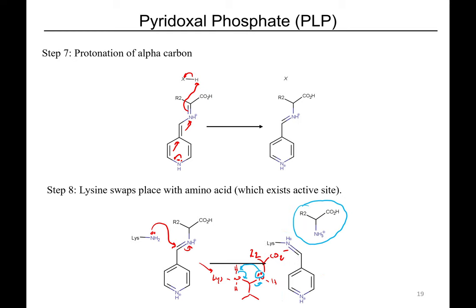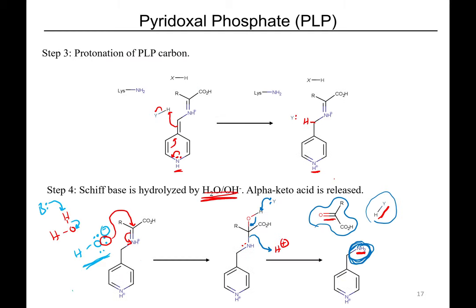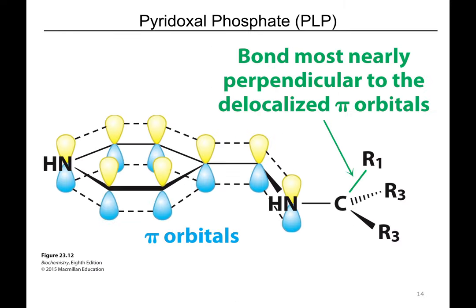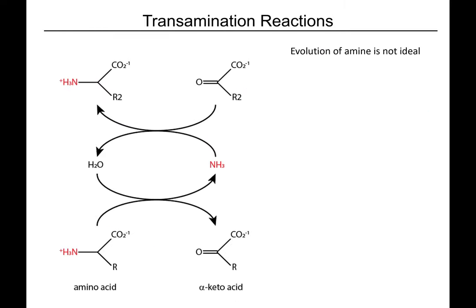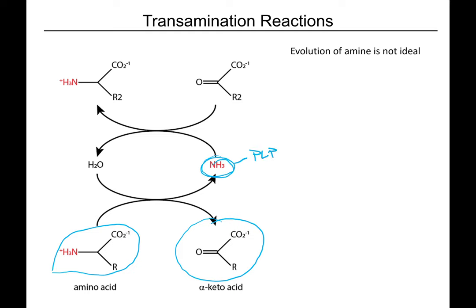Okay, so overall what's happening here is we start off with one amino acid, we bring it in, it reacts with the PLP cofactor. In that first half of the reaction, we produce an alpha keto acid by releasing ammonia. This ammonia is anchored onto our PLP cofactor, so it's not released.